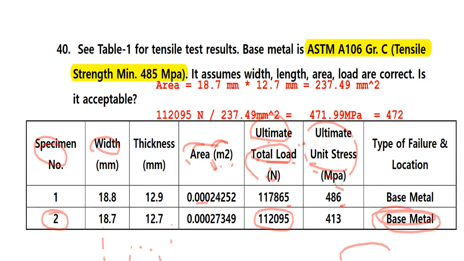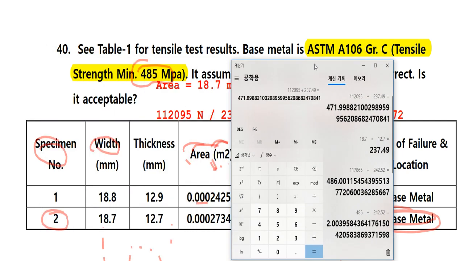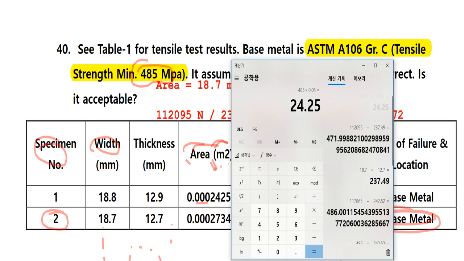So calculate this 5% of 485. 485 times 0.05 is 24.25.